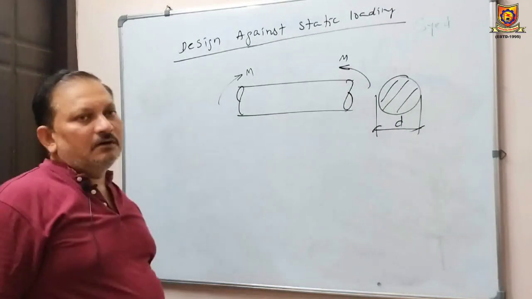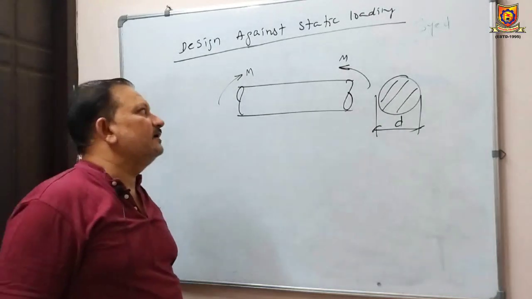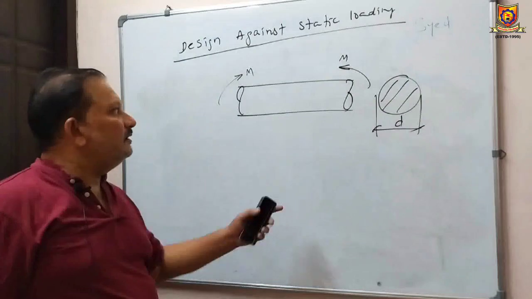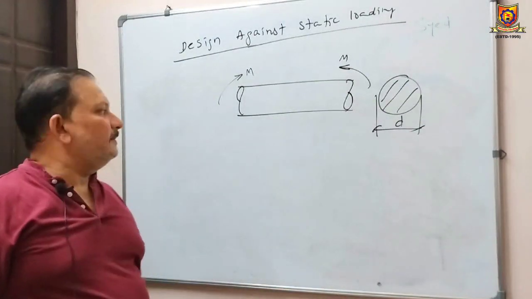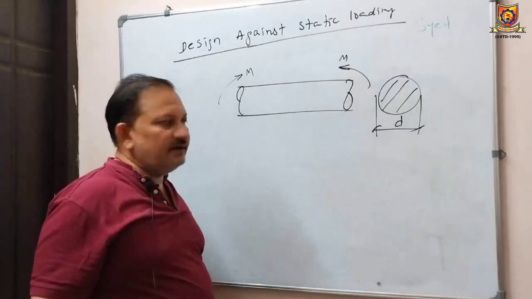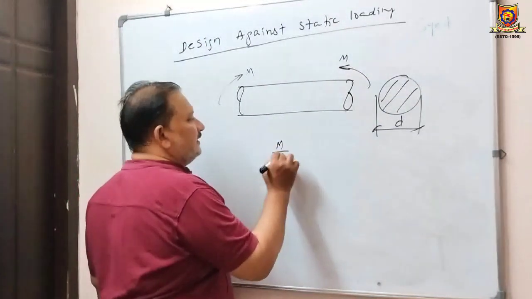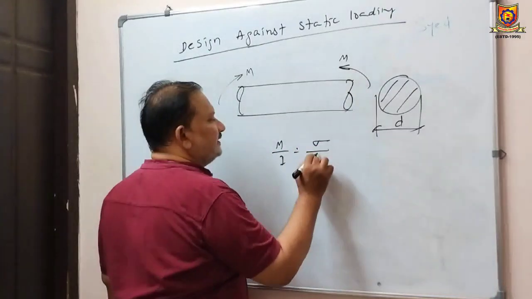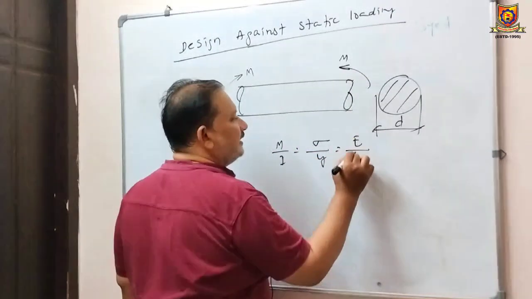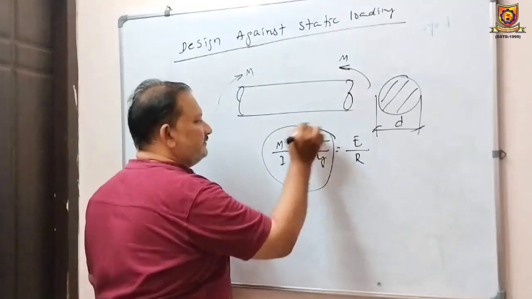But how do we derive the expression for the bending stress? For the sake of example we have taken a circular shaft, so here we can use the bending moment equation: M by I is equal to sigma by y is equal to E by R. Let us make use of this part of the equation.